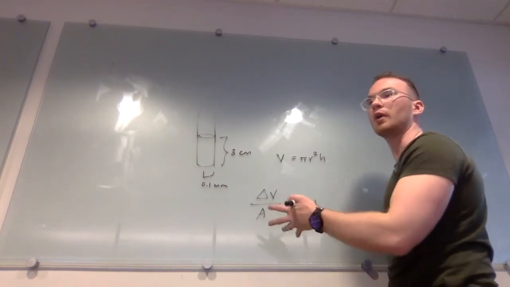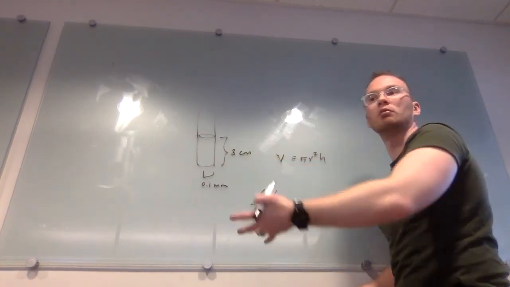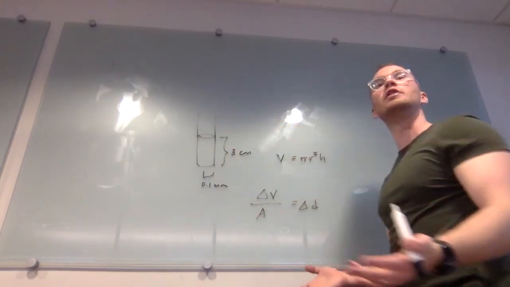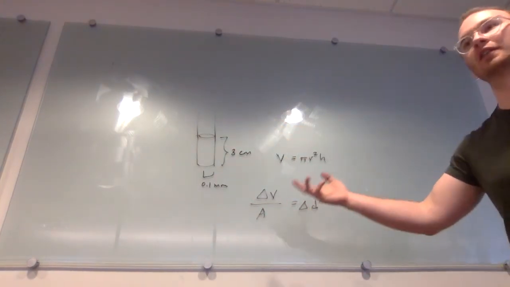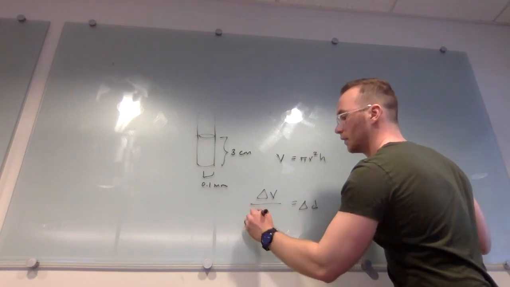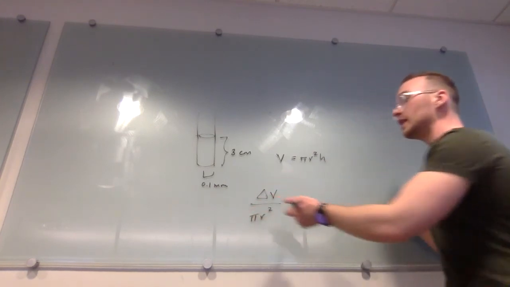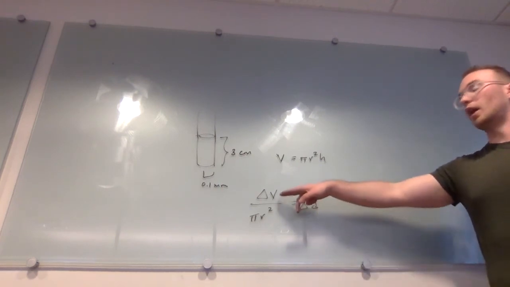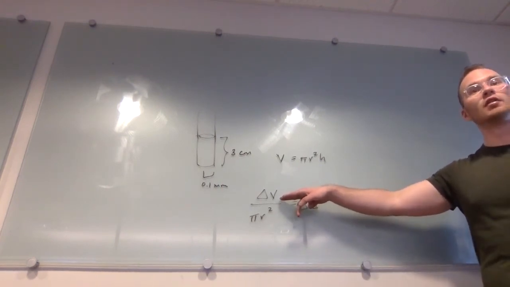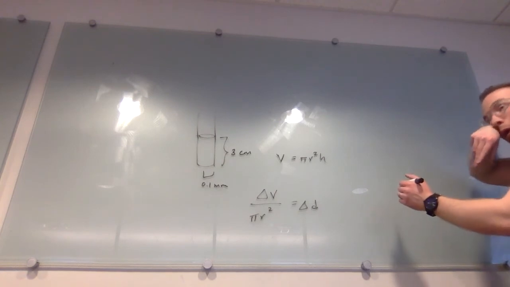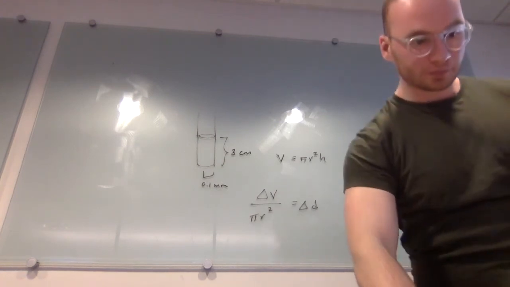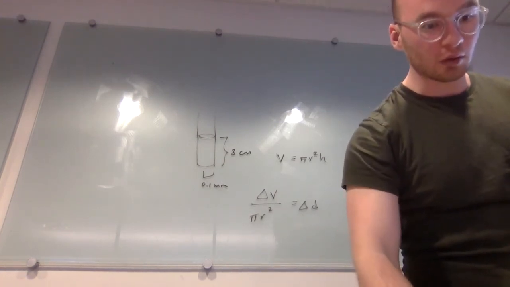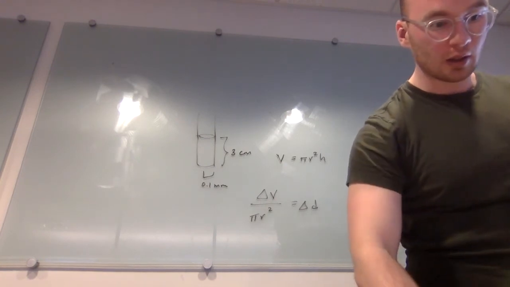That's just how things in closed cylinders work, right? So the area will be pi r squared down here. We need to find delta D, which is the problem: how much would the mercury column move?